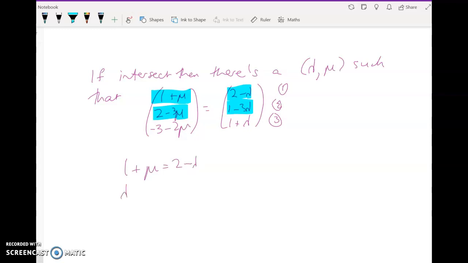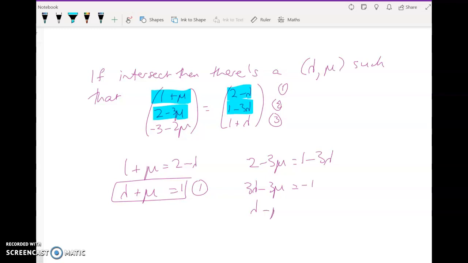I'm going to rearrange that to get lambda plus mu is equal to 1. Right, and I'll call that equation 1. Rearranging the next one, we get 2 minus 3 mu is equal to 1 minus 3 lambda. 3 lambda minus 3 mu is equal to negative 1. Lambda minus mu is equal to negative 1/3. So I'm going to call that equation 2.